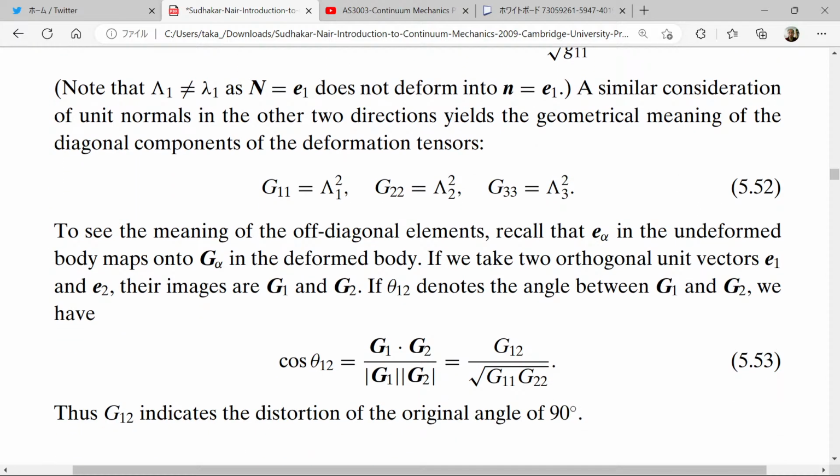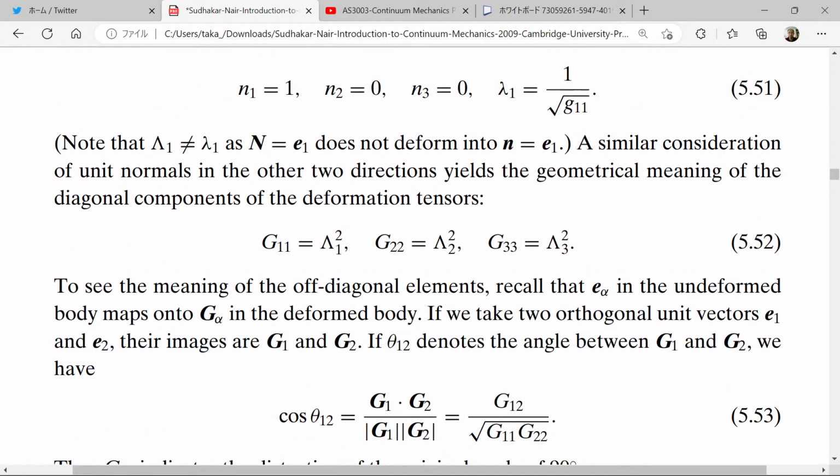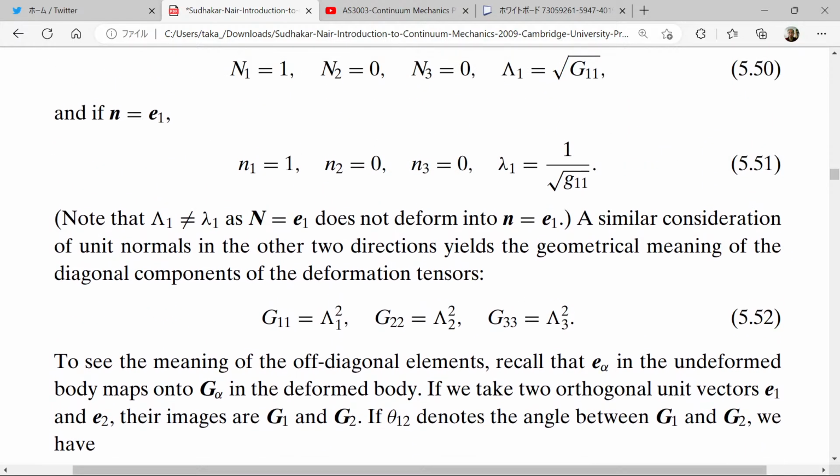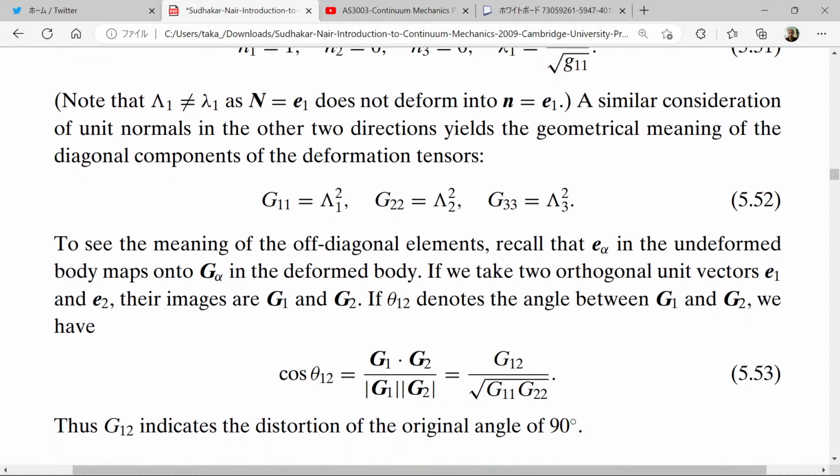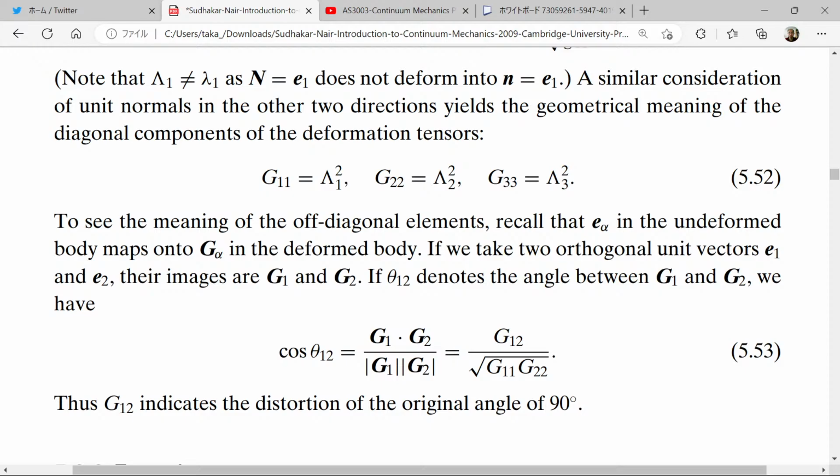Note that lambda 1 is not equal to small lambda 1, as large n equal E1 does not deform into small n vector equal E1 vector.